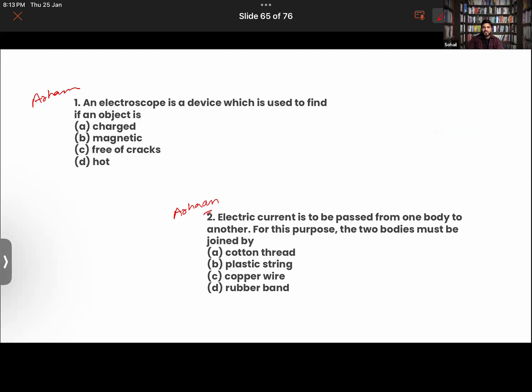The copper wire. Which one are you answering? The second one. Copper, correct. Yeah, Arham, what about you? Sir, charge. Very good. Moaz, I believe I'm audible to you.